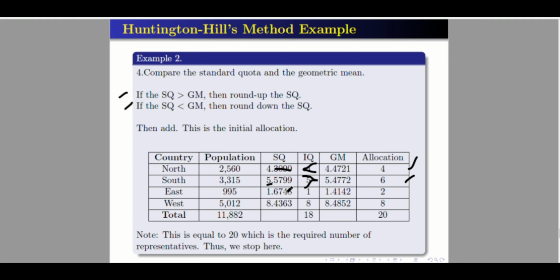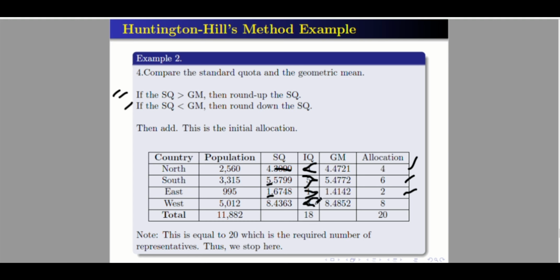Now for the east, we have 1.6, we have 1.4. So obviously again, it's greater than. So we'll follow the first statement. So 1 will become 2. Okay, 1 will become 2. And last, for the west, we have 8.43. The other one is 8.48. So this is bigger.